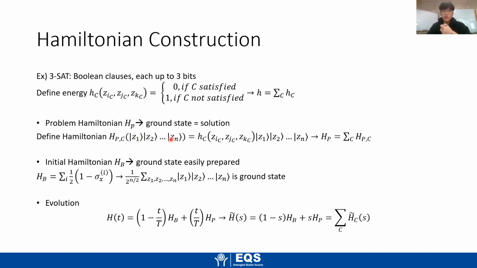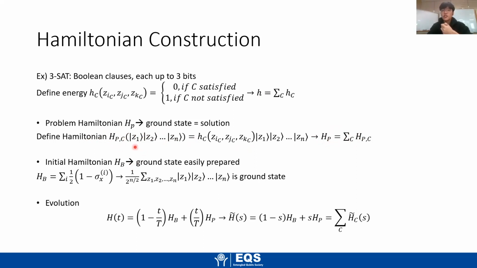And this |z1...zn> is written like this, as the product state of each qubit. So we create a Hamiltonian for each clause so that the eigenvalues are the energy function values. And then we can sum over all of the clauses to create the problem Hamiltonian. And we can see that the ground state of this Hamiltonian will have our solution.